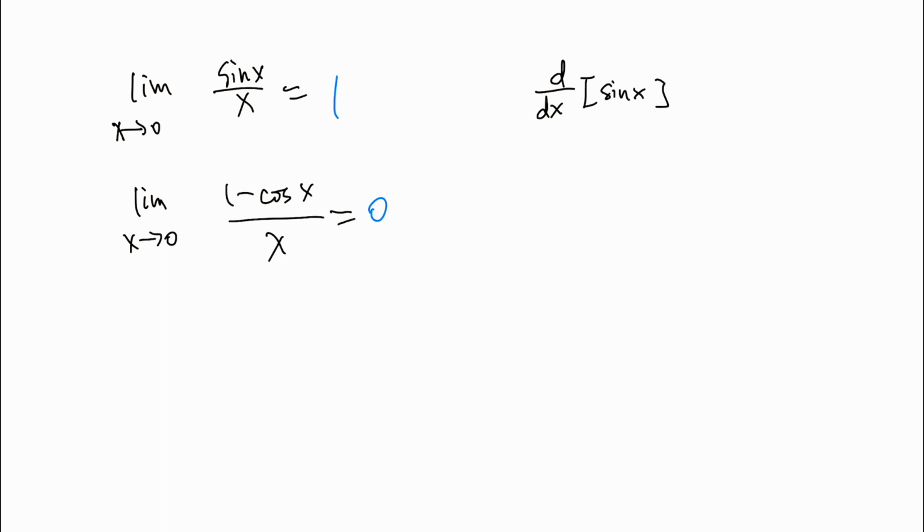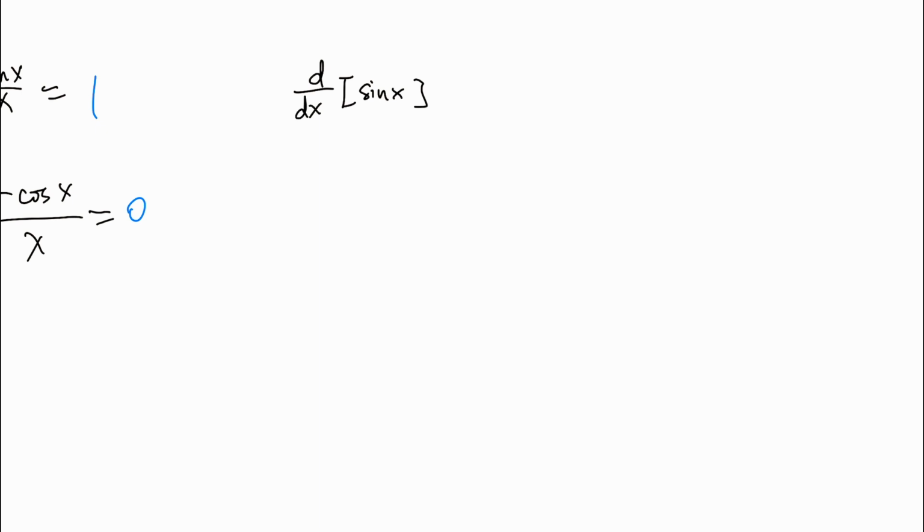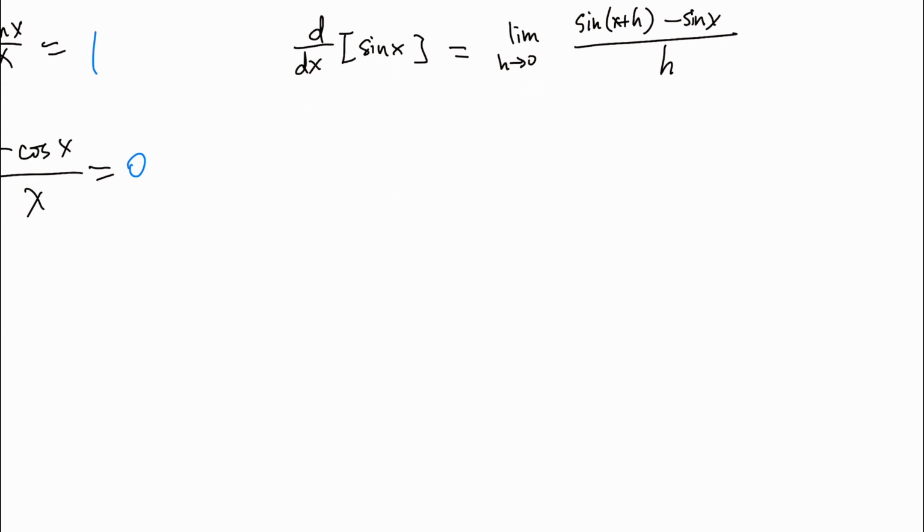This is our first trigonometric function, so we are going to start with the definition of derivatives. The definition of derivatives is the limit as h approaches 0 of sine of x plus h minus sine of x over h.